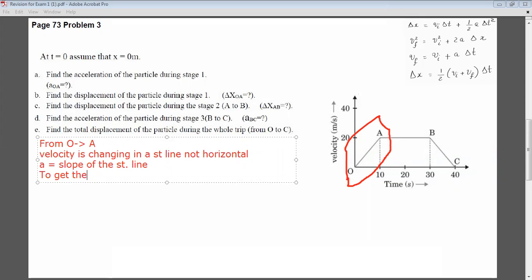To get the slope, I need 2 points. So let's take the 2 points (0, 0), for example, because this will make my life easier, and the second easy point is (10, 20), right? 10, 20.